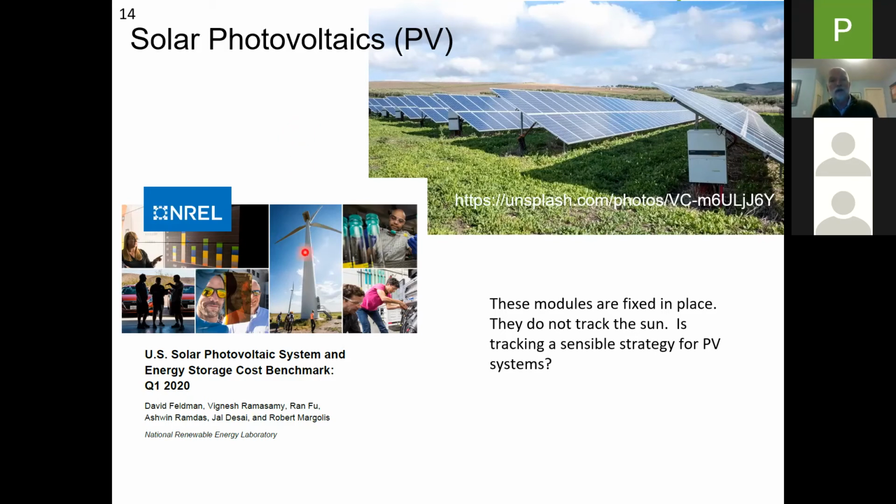And their equivalent of the wind energy market report is the solar photovoltaic system, and they've now combined it with energy storage as their cost benchmark. And the latest that I could find comes from Q1, which would be January to March last year.